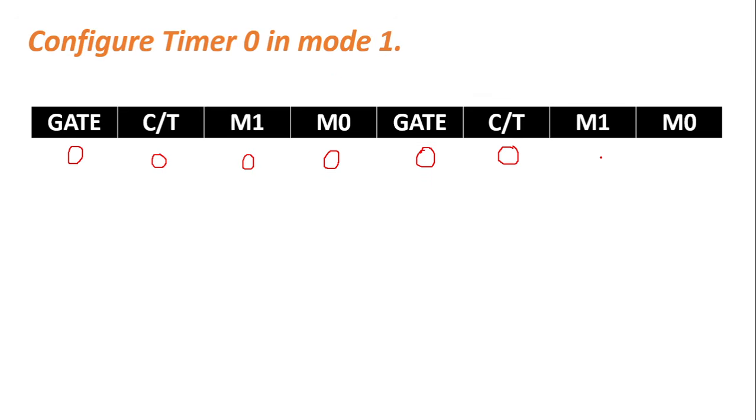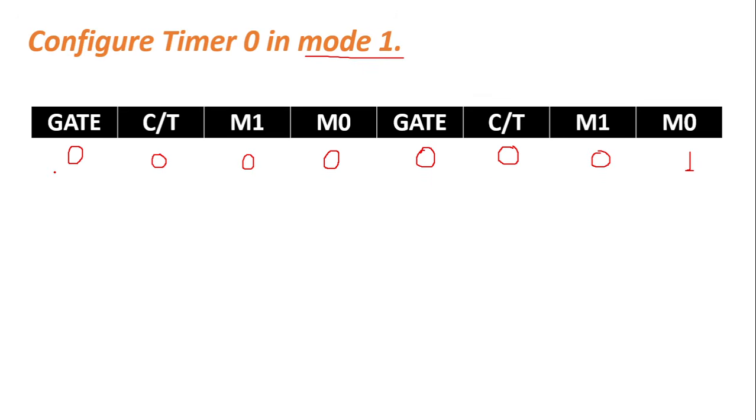Which mode am I going to use? I am going to use mode 1. For mode 1, you have to make the M1 bit as 0 and the M0 bit as 1. So this is the 8-bit pattern which should be loaded in the TMOD register to configure timer 0 in mode 1.